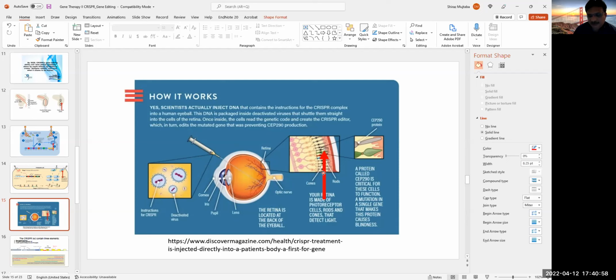So a right CRISPR can be injected into the eye photoreceptor cells, and they can repair the DNA by first making a nick and then implanting the healthy DNA. The gene that is mutated is CEP290, which is critical for photoreception, for rod and cone cells that detect light or distinguish color.